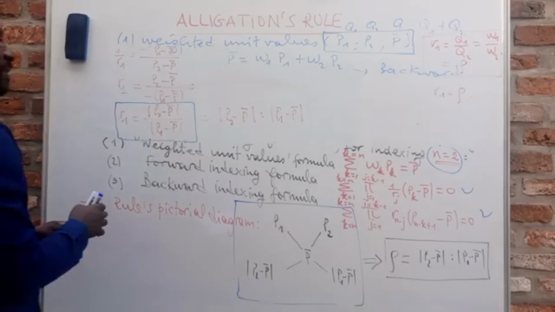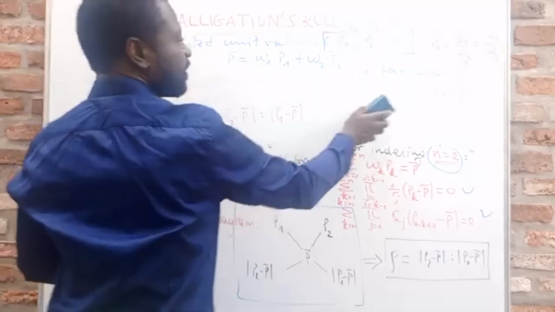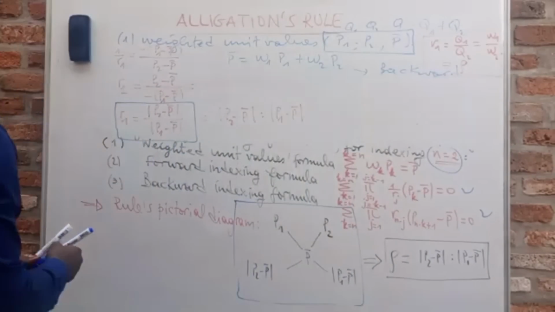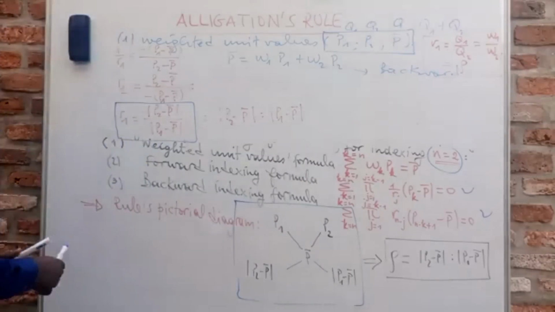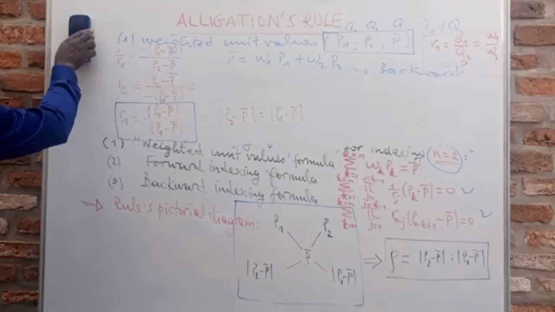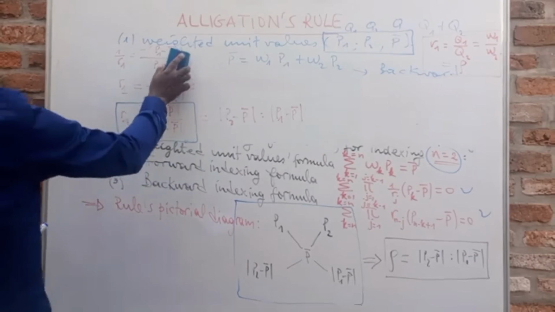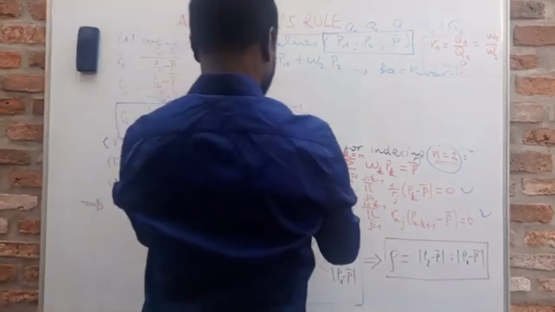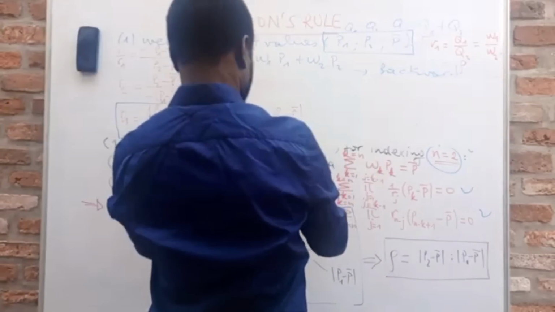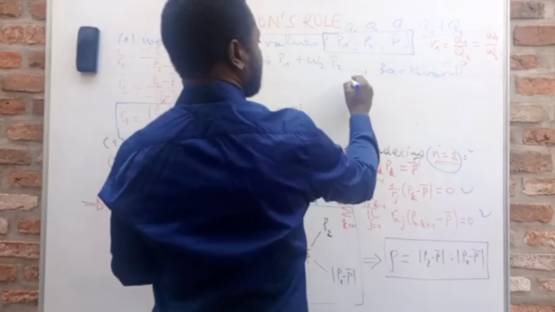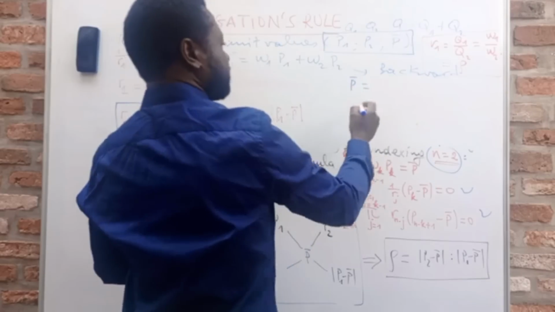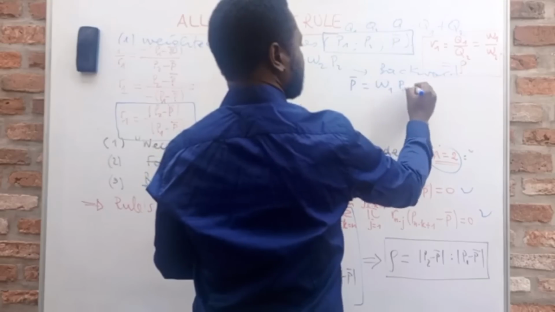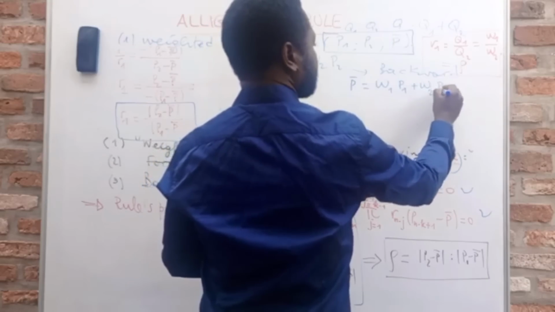On the other side, the same proof can be carried out from the weighted unit values method by using the backward indexing method. And how does it work? So again, we need to prove it on this part. Once again, we start with the weighted mean value expression, omega sub 1 p sub 1 plus omega sub 2 p sub 2.